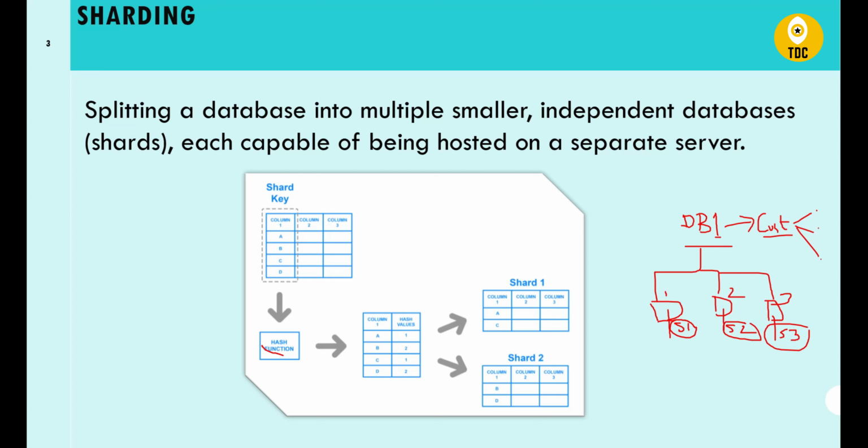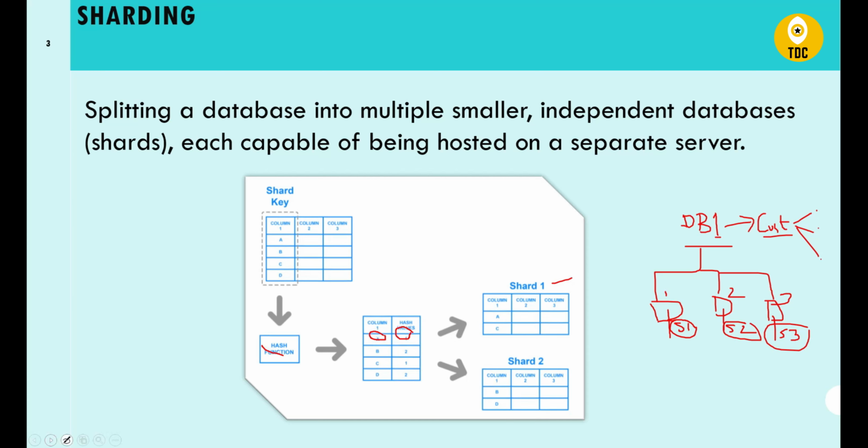So if column one is A, that means it belongs to country A, so the hash value is one. That means it knows which shard it has to go to. If the hash value is one, it goes to shard one. If the hash value is two, it goes to shard two. So based on this hashing logic, the data will be stored in a particular shard.